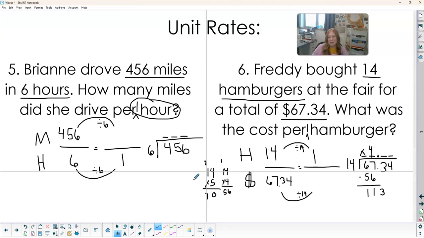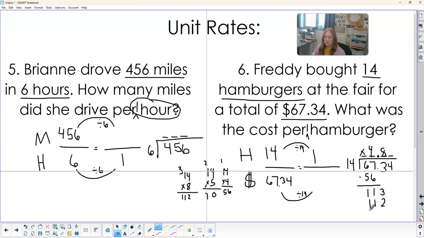So another 14 makes 98. So that was 7. So let's try 8. How about? So 14 times 8 is 32, 8, 9, 10. Ooh, awesome. So that goes in there 8 times.